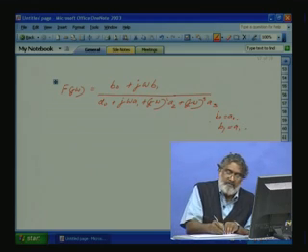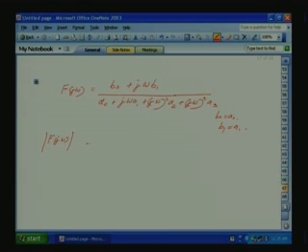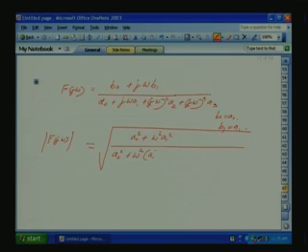Then finally, if you take the modulus of F(jω) in our front end AC to DC controller, we got this equation: (A0² + ω²A1²) divided by (A0² + ω²(A1² − 2A0A2) + ω⁴(A2² − 2A1A3) + ω⁶A3²).